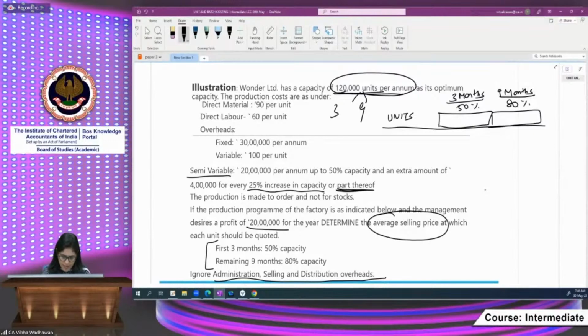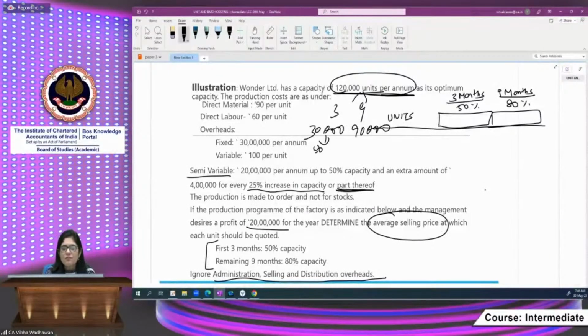So 1,20,000, you can't directly do 50%. It's per annum. Clear? So first of all, you have to split it pro rata for 3 months and 9 months. 1,20,000 into 3 divided by 12 is 30,000 for first 3 months and 90,000 for the next 9 months.